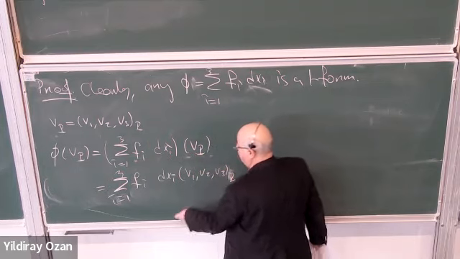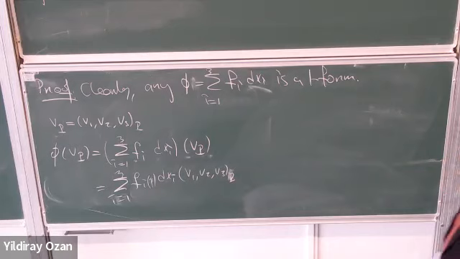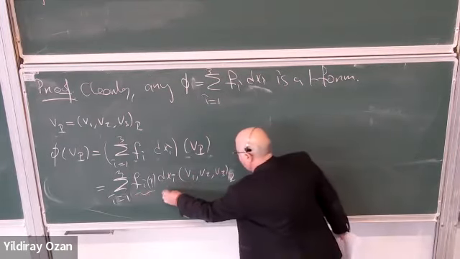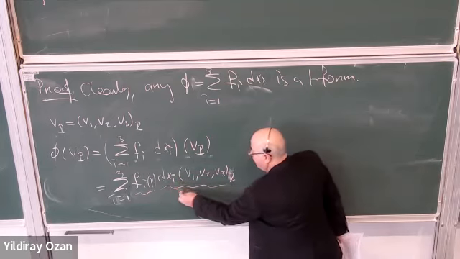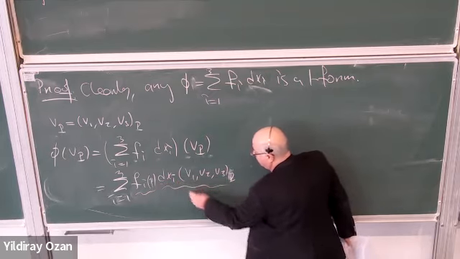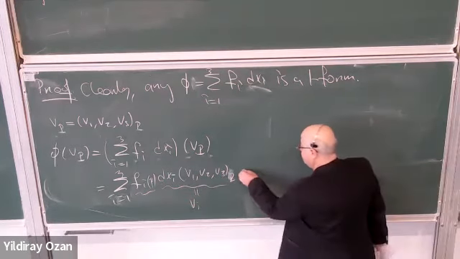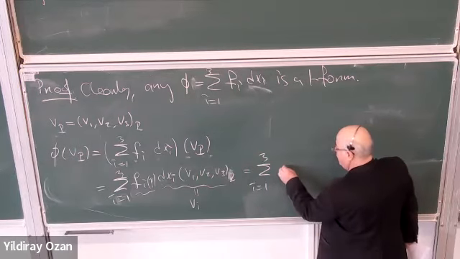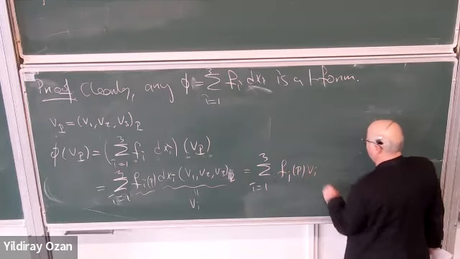This is a vector at the point P, therefore I compute this function at the point P. Now, these are just some real numbers. And then I have this expression. What was this gadget? This just picks the ith coordinate. So this is just Vi. So this is just the sum from i equals 1 to 3 of Fi evaluated at P times Vi.